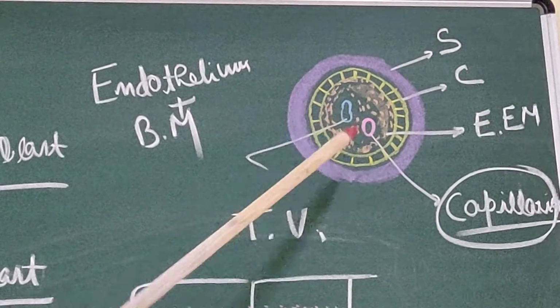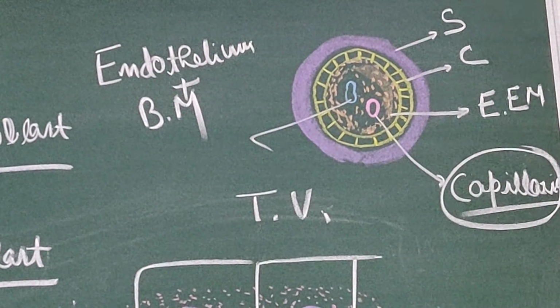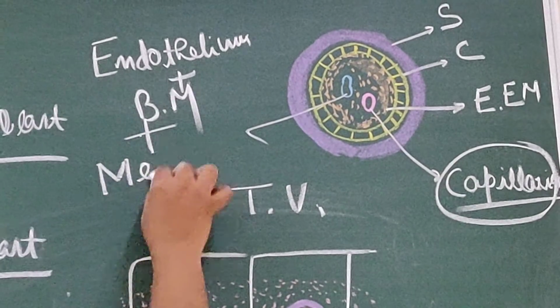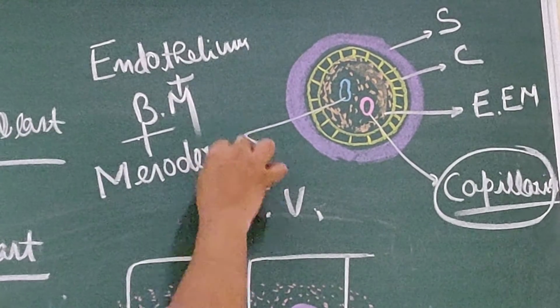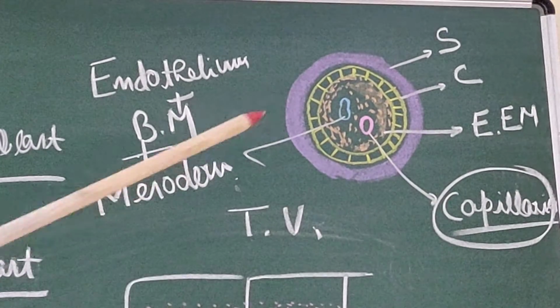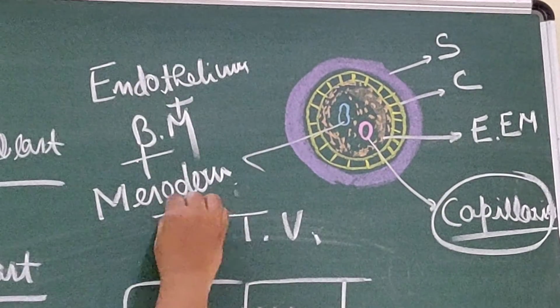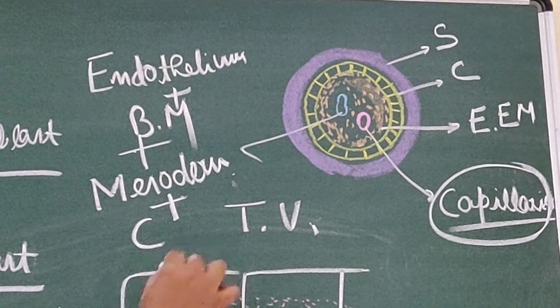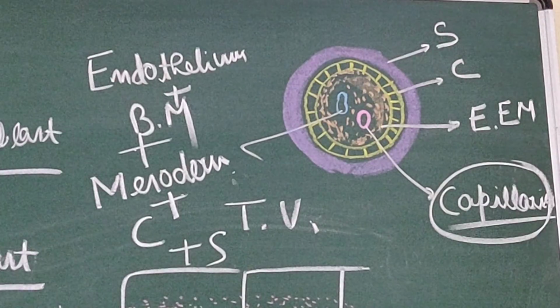Then outside it is the mesoderm, the extra embryonic mesoderm. Then outside it is the cytotrophoblast, and the outermost side is the syncytiotrophoblast.